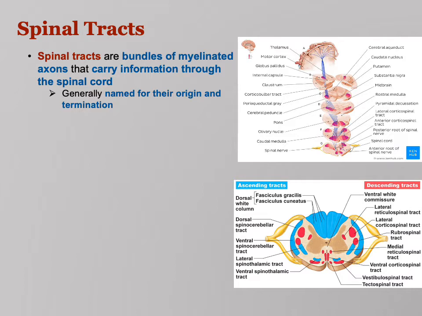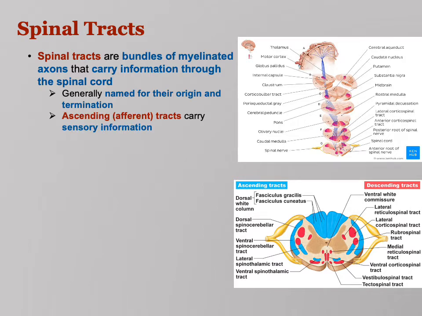Well, it's going from the spine to the cerebellum, isn't it? See? Reticulospinal tract: reticular formation to spinal cord, right? Corticospinal tract, going from the cortex to the spinal cord, all right? So look at the name, and that'll give you some information about what it is you're trying to figure out.